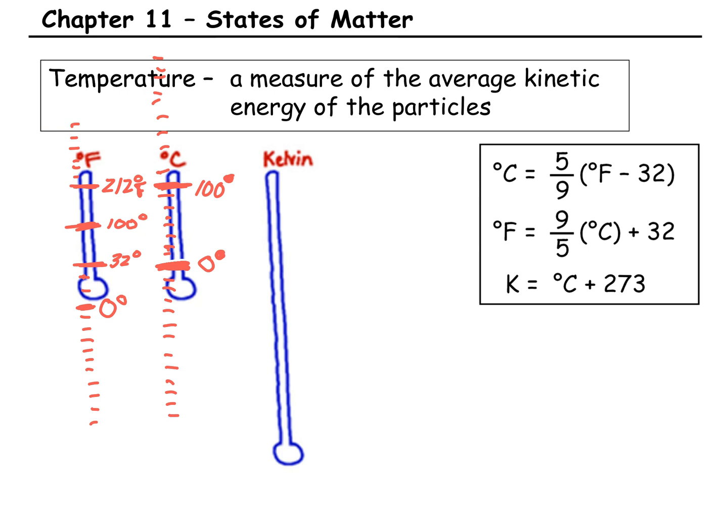And if you look at this definition of temperature, it's a measure of the average kinetic energy of the particles in a substance, whether that's a solid, liquid, or a gas. Now, maybe recall from 9th grade that kinetic energy is 1/2 mv squared, the mass and velocity of the particle. So if a particle slows down, its temperature also goes down.